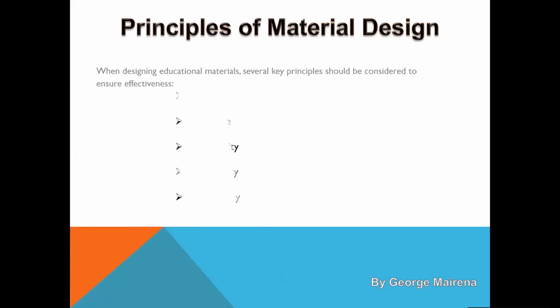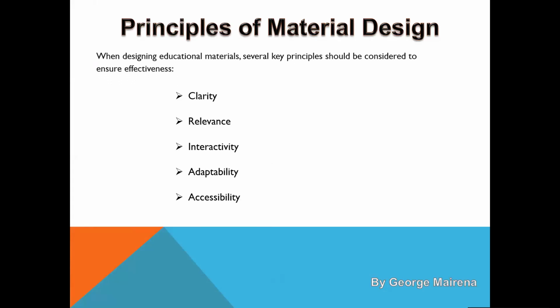So we got some principles of material design, and we got clarity, relevance, interactivity, adaptability. We have accessibility. Some of them we were discussing at the beginning. Remember that I told you that one of the characteristics of the educational material is that they have to be clear, right?